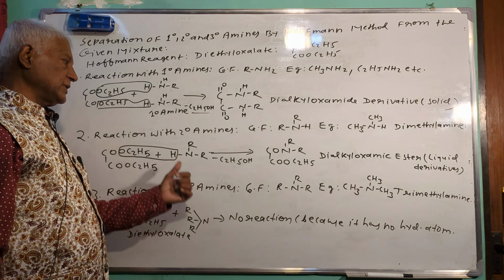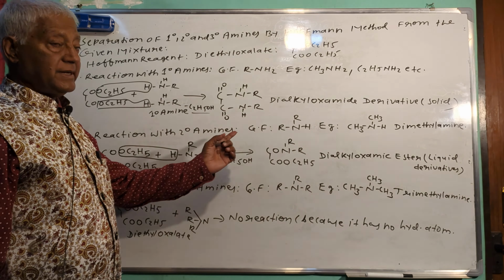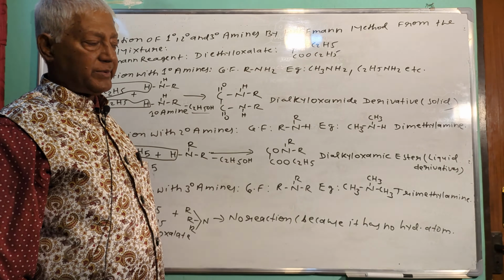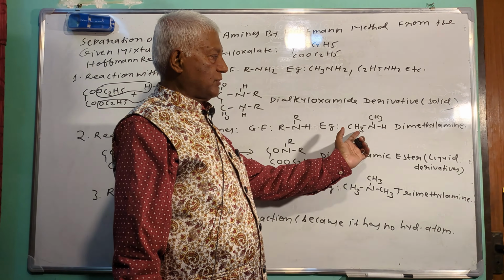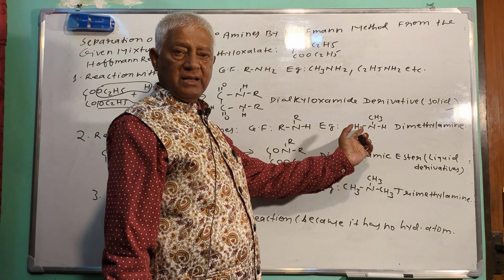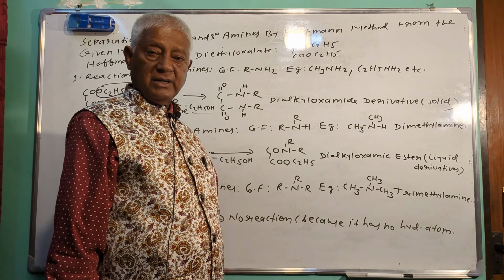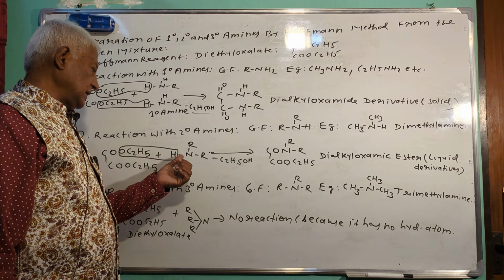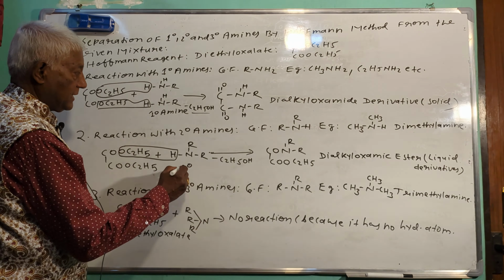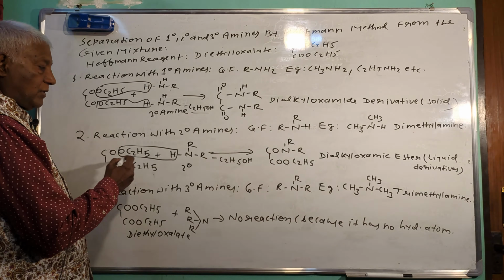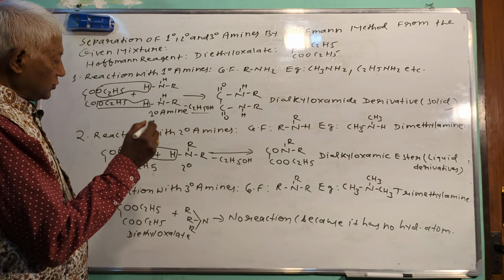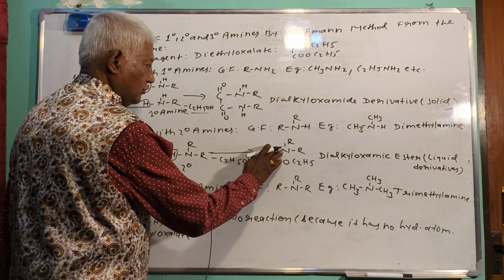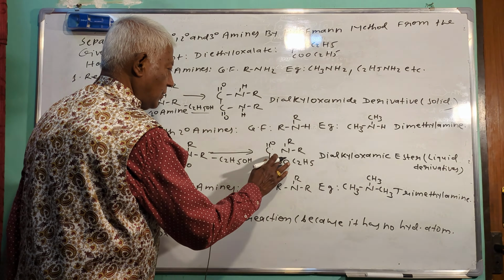Next is the reaction with secondary amines. The general formula of secondary amine is R2NH. An example is CH3NHCH3, 2 methyl groups, dimethylamine. Now when this secondary amine is reacted, how many H are there? 1 H. So one of the H reacts with this ethoxide.